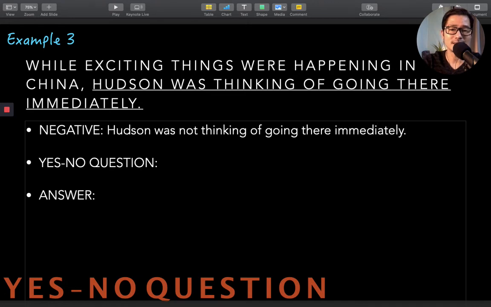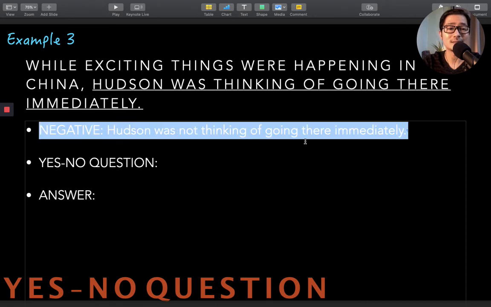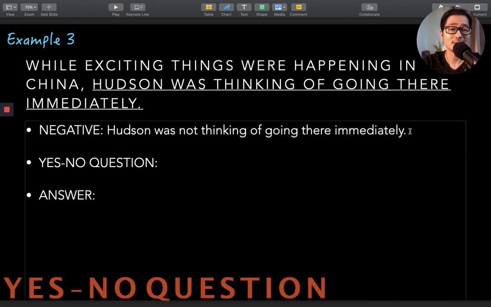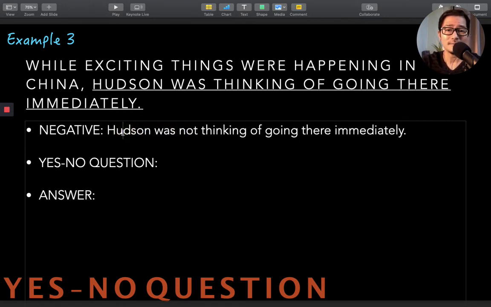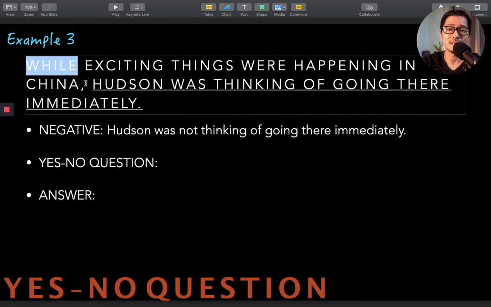Of course, it's not the full sentence. I mean, we still have the other part of the sentence, while exciting things were happening in China. But you can notice that this is already a complete sentence. But if I want to add an additional detail, like in this case, when, then I can do this just like what I did here.